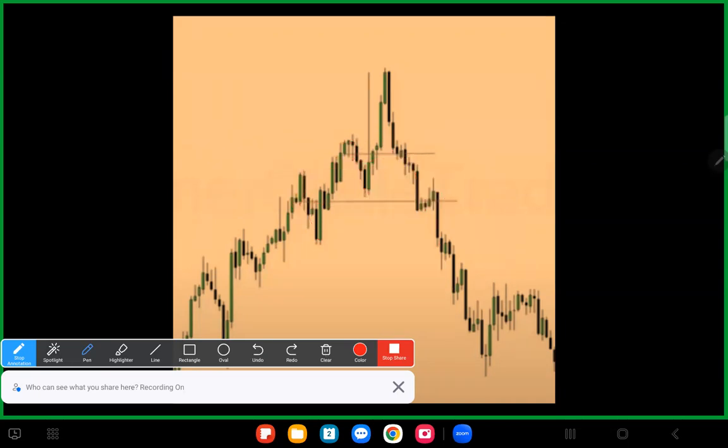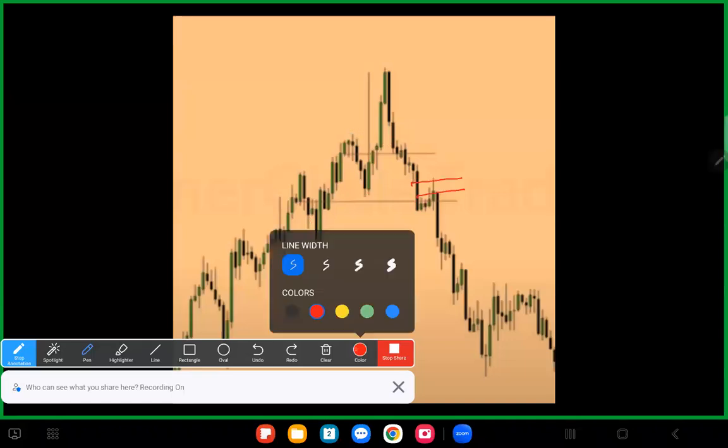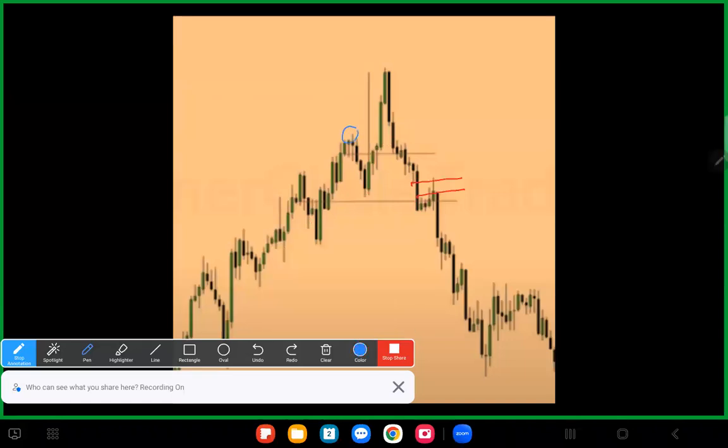But I also want to point out one more thing. So notice at this level right here, we have something else. And maybe some of you guys already see it, but we have this fair value gap right here. And we also have, let's make this a different color, high, higher high, and then that low in between, which makes this a breaker.